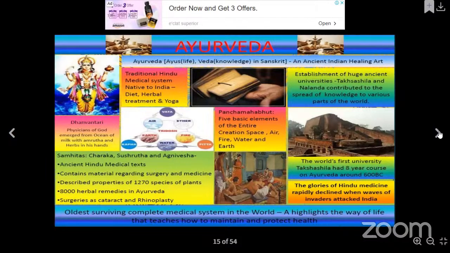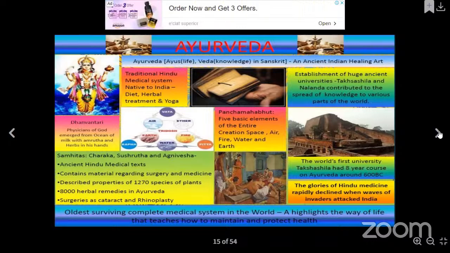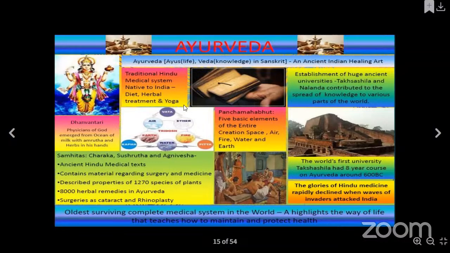From those Vedas, the ancient gurus made documents on the different plants and their significance in curing diseases. It is a traditional Hindu medical system native to India, with diet, herbal treatments, and yoga.